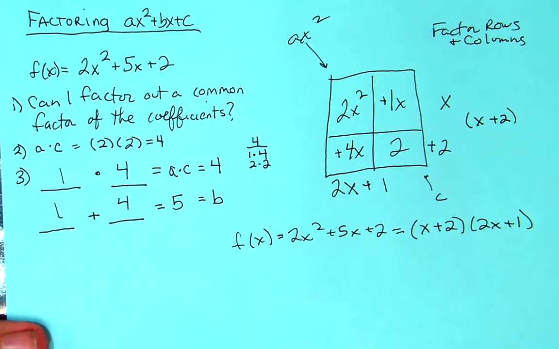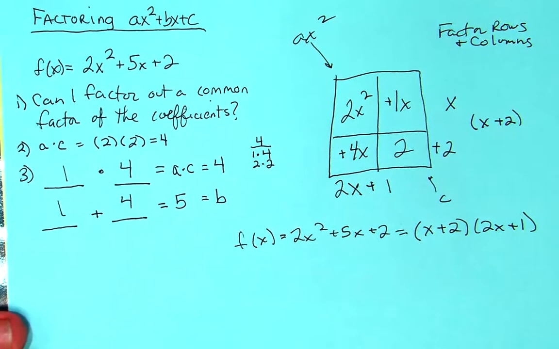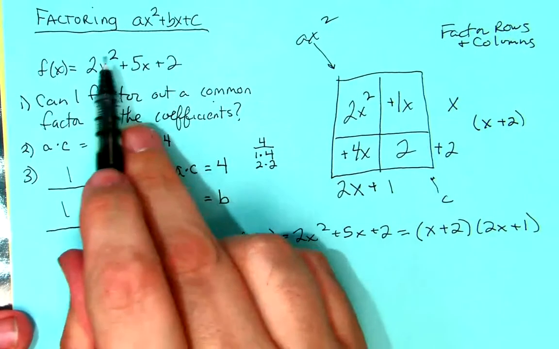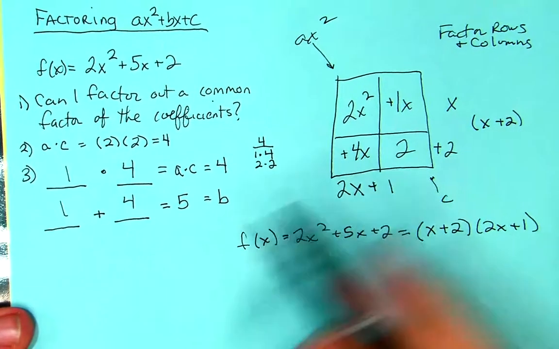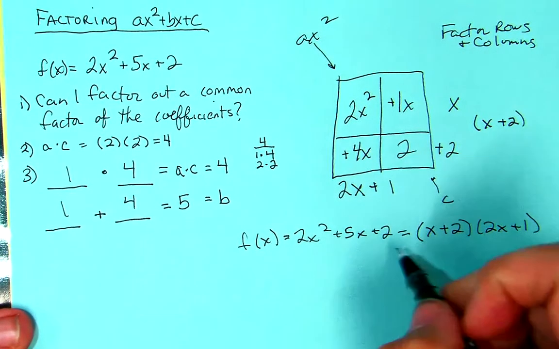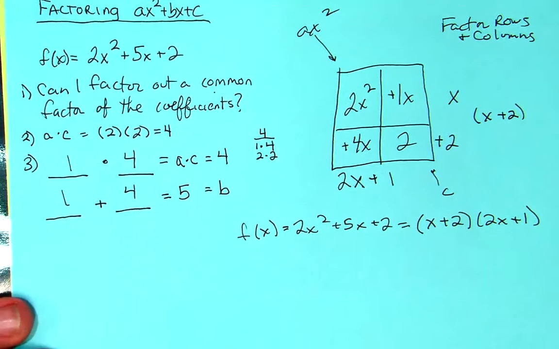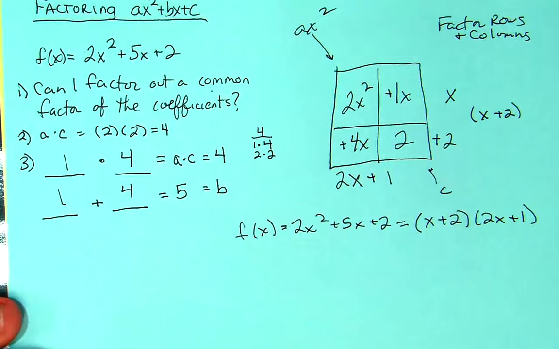It's the same process over and over again. If the quadratic trinomial can be factored, you will end up with these two binomials. If it works, it works.